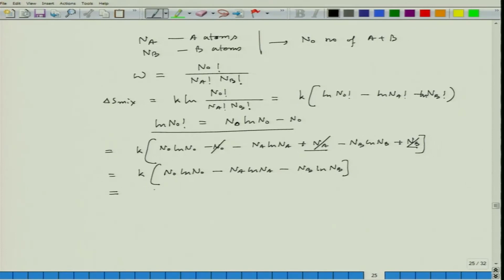Now, here K N0 I can write in this form.